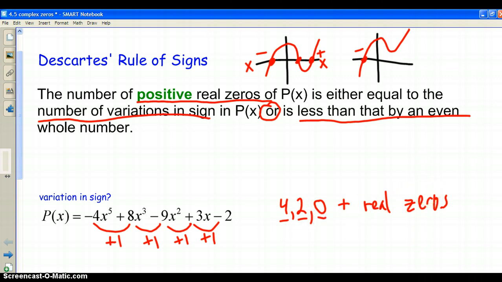I don't know how many there are, so I know the graph either looks something like this, maybe, where it crosses the x-axis on the positive side 4 times. Or maybe the graph looks something like this, where it crosses the x-axis on the positive side 2 times.